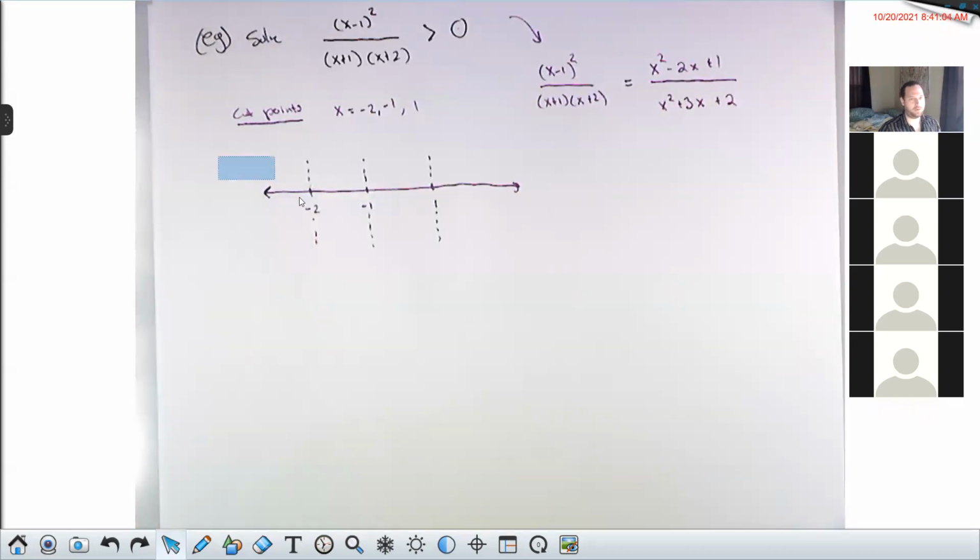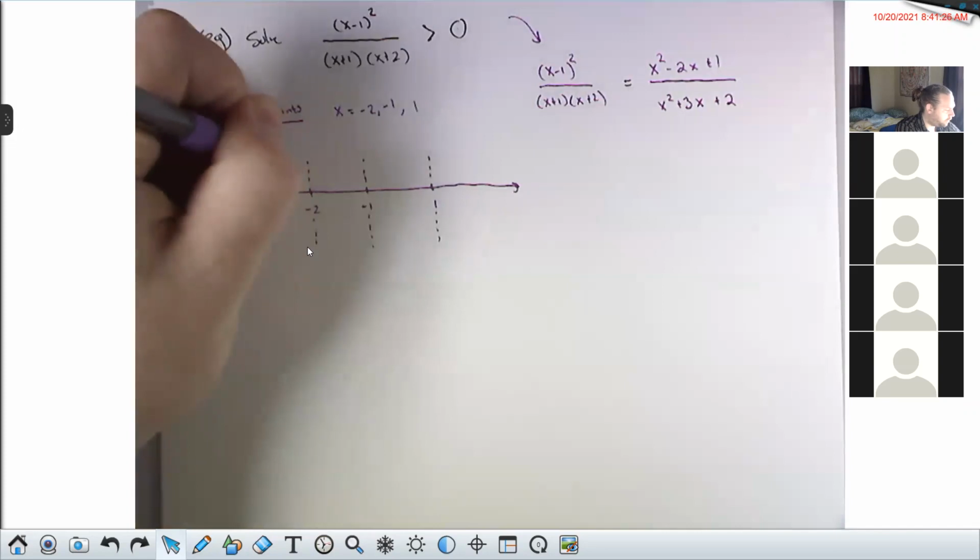So can anybody tell me the sign of that function in this far left region? Positive. Very good. We have to be positive over here. Why?